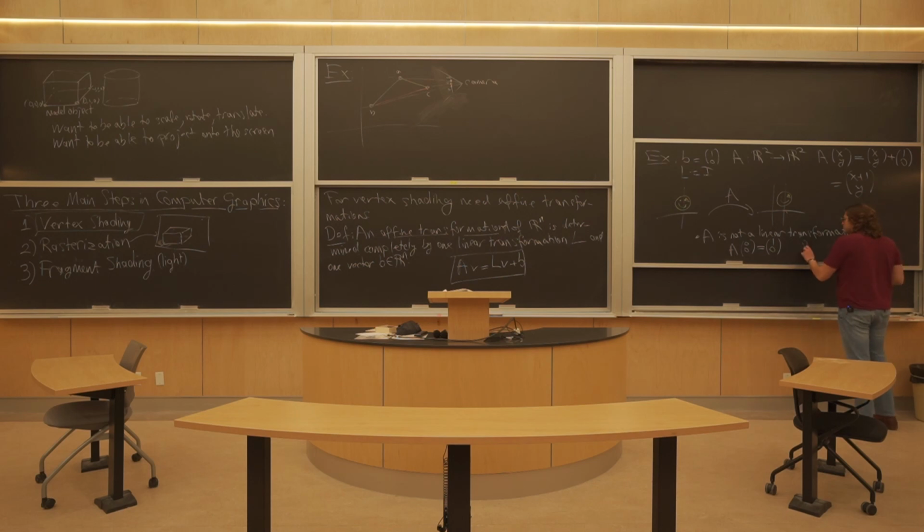But then 0, 0 is the same thing as 0, 0 added to itself. Right? In order for A to be linear, it must be the case that A of 0, 0 equals 2 times A of 0, 0. But that is not the case. A of 0, 0 plus A of 0, 0 is 2, 0, because it's shifting 2 times. Okay? And this is not equal to this.